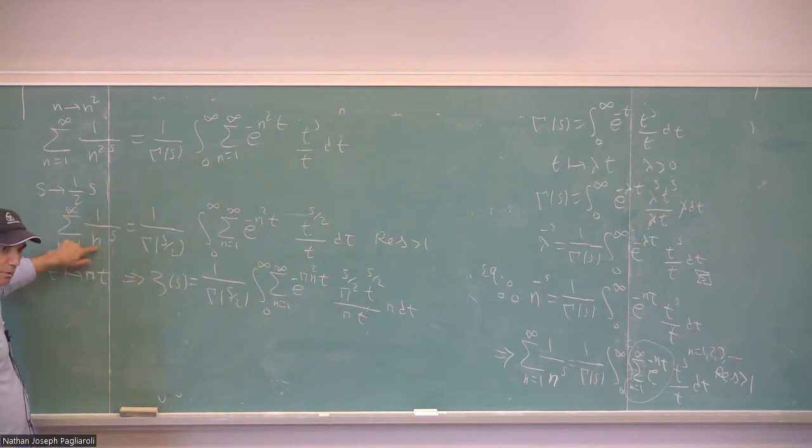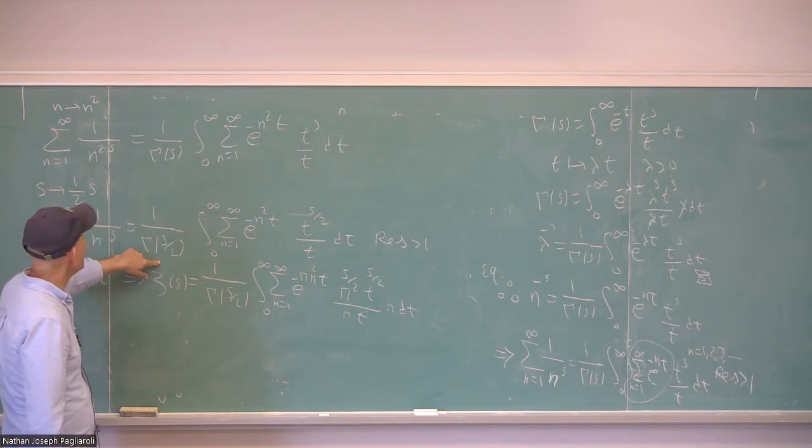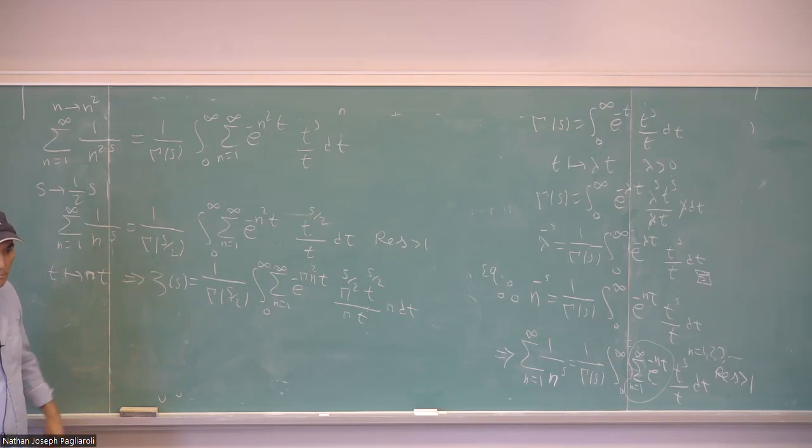This is summable. This is for real part of s bigger than 1. This is okay, this part. And this part is also okay. This is okay. Right there. Yeah, is that okay?